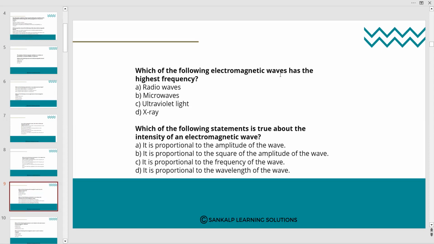Actually, gamma rays have the highest. Next to gamma rays, we have X-rays. Then ultraviolet comes, after that microwaves come. Radio waves have the lowest frequency.